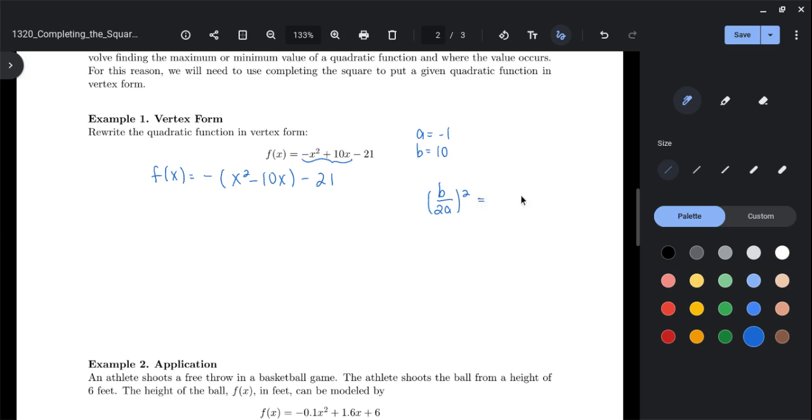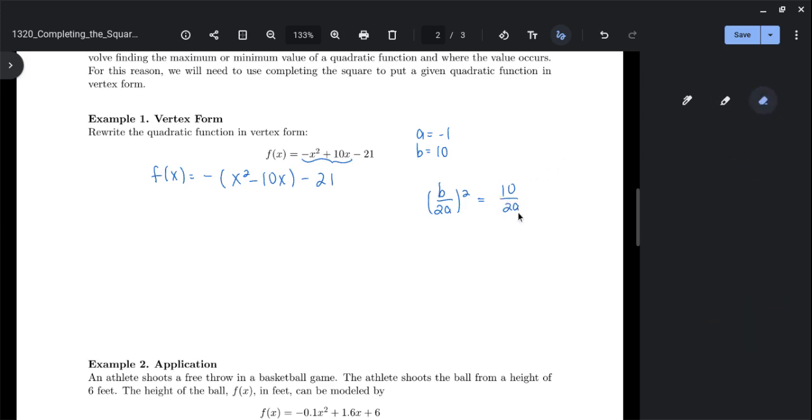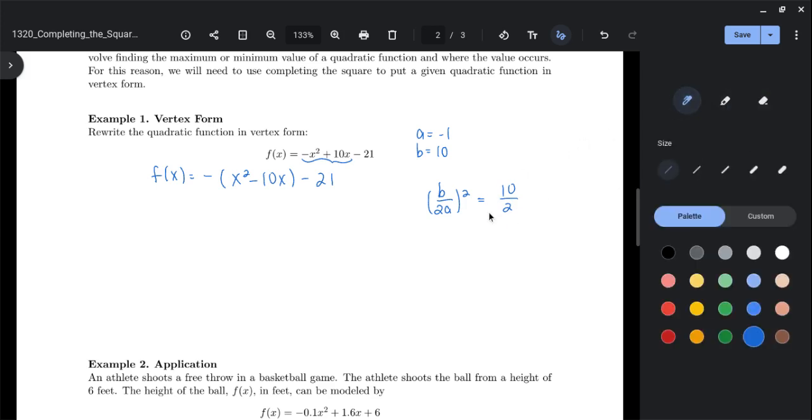And we can calculate this as (10 over 2a) squared, and our a was negative 1. Well, 10 divided by negative 2 is going to be negative 5, and that is squared, so we get positive 25. So our second step is in our parentheses, we are adding 25.